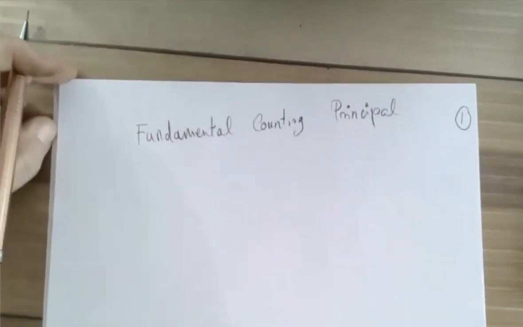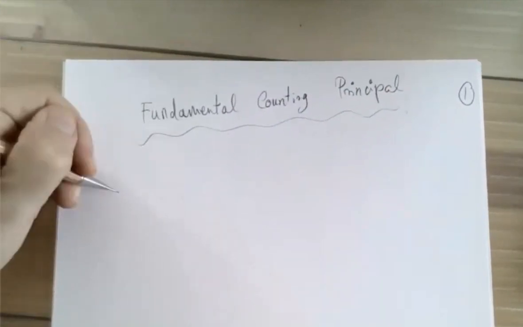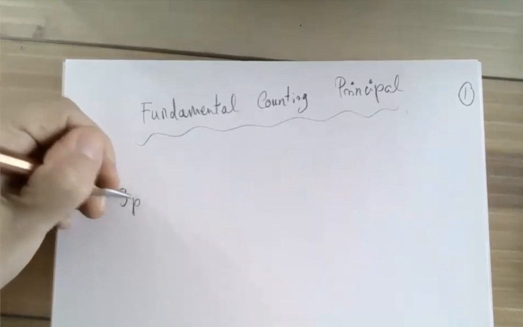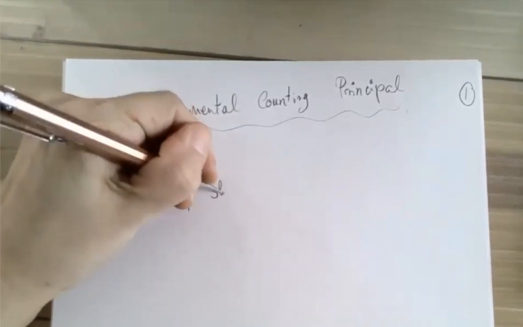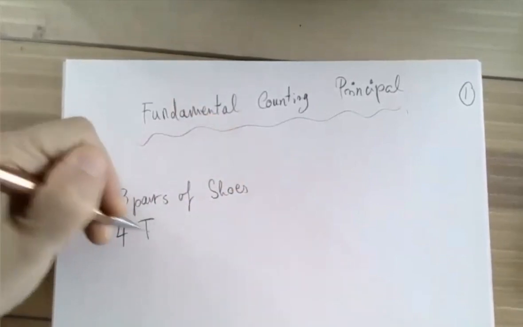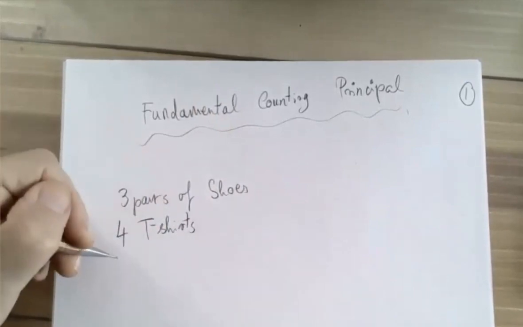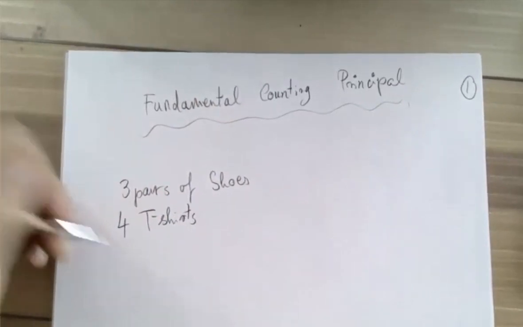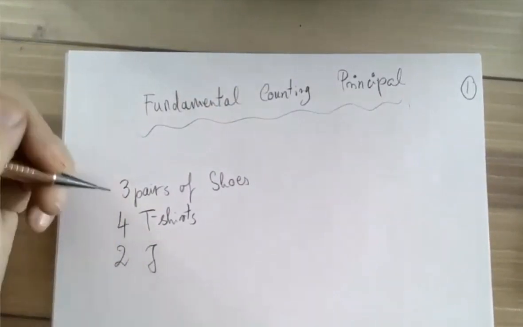All right. So suppose that I have 3 pairs of shoes, four t-shirts, and 2 pairs of jeans.